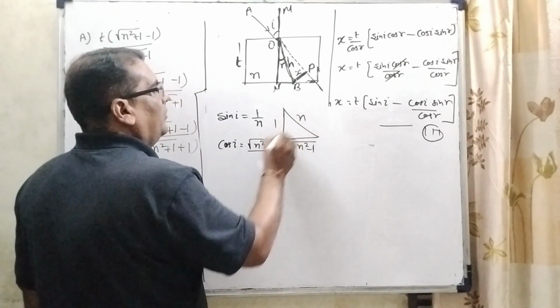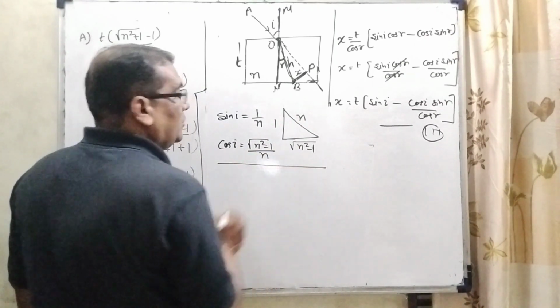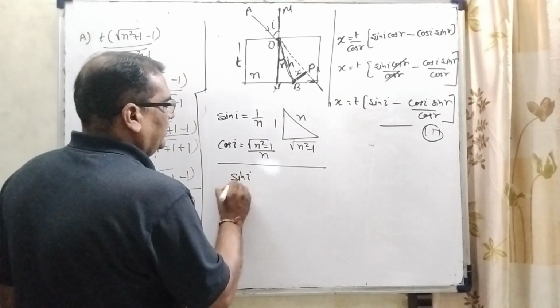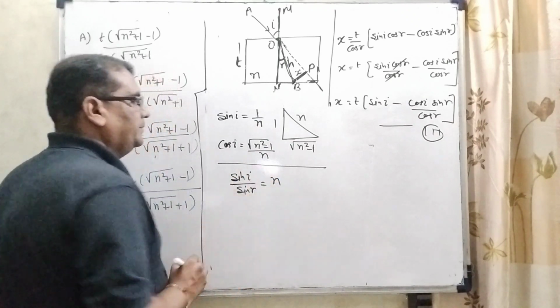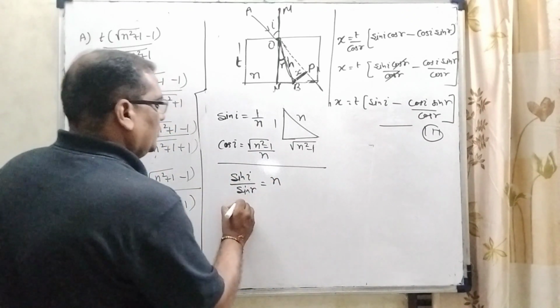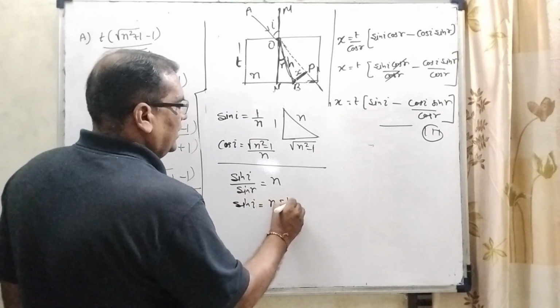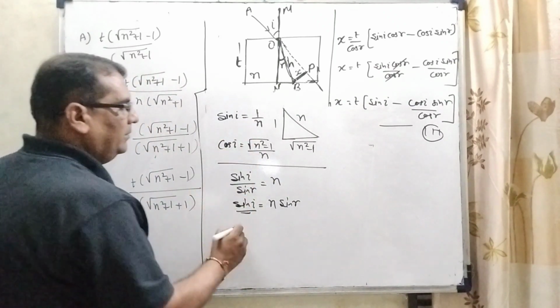Cos i is base upon hypotenuse. Now the second condition: by using Snell's law, sin i upon sin r equals n. So sin i equals n into sin r. What is sin i? Sin i equals 1 by n.